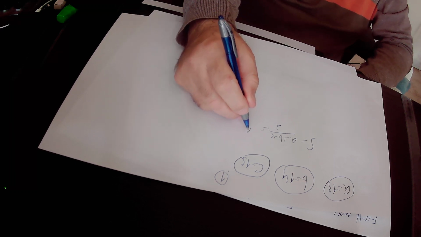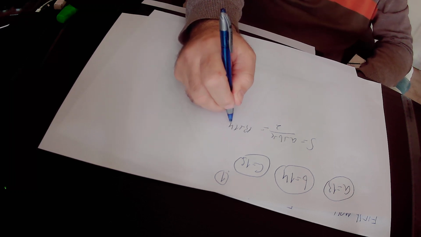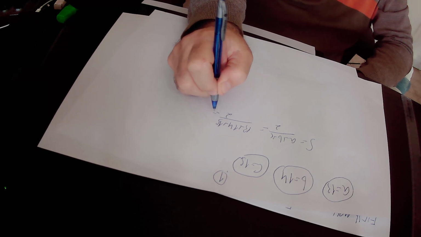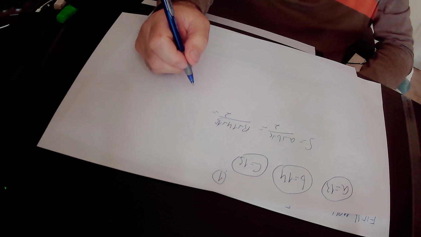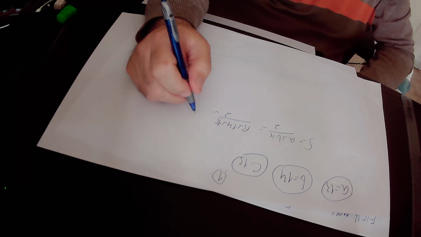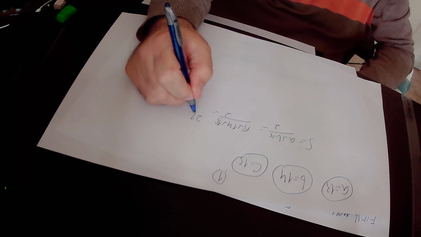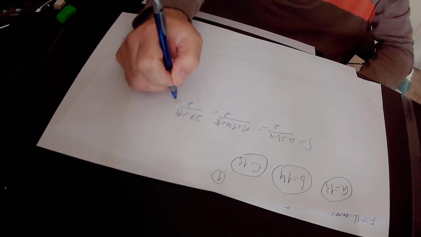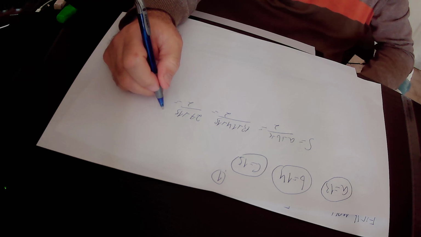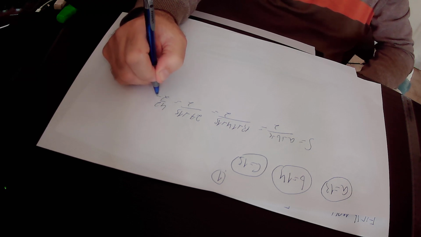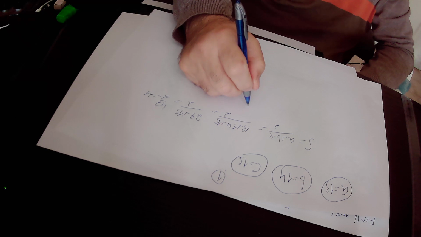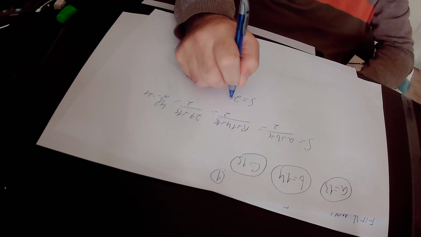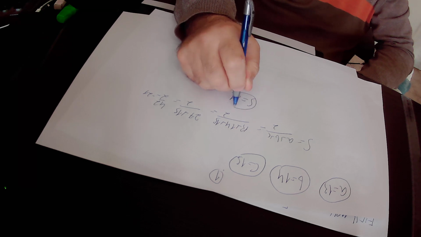A is 13 plus B, that is 14, plus C, that is 15, over 2. 13 plus 14 is 27, plus 15 over 2. 27 plus 15 is 42, and 42 over 2 is 21. So S, the semi-perimeter of our triangle ABC, equals 21 units.